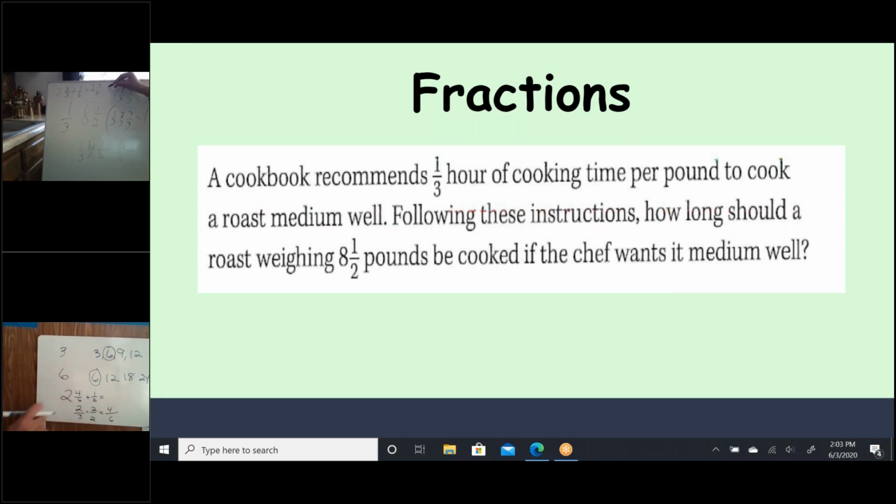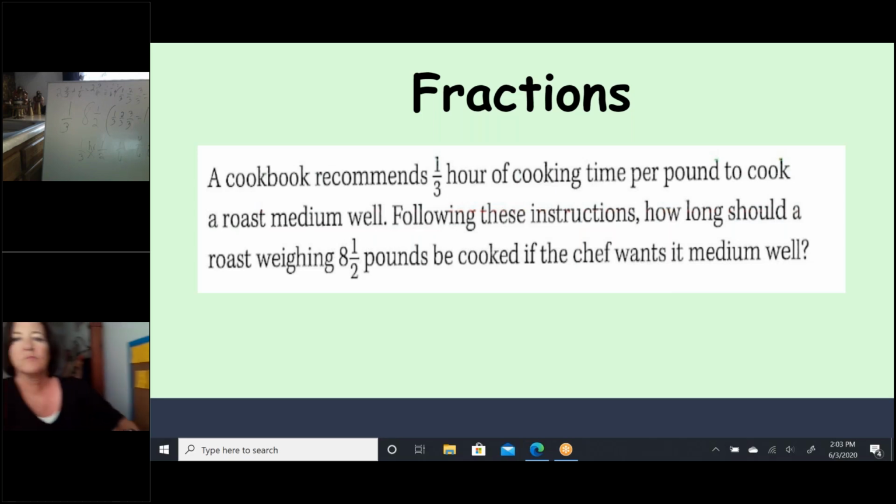What's 4/6 plus 1/6? 5/6. That's it. So our answer would be 2 and 5/6.